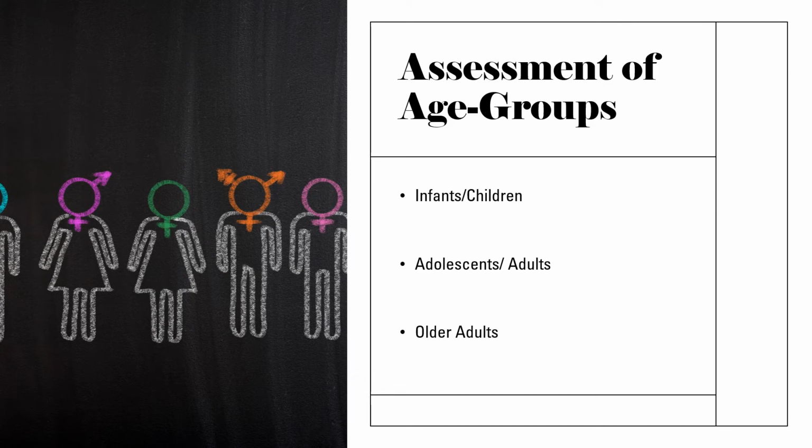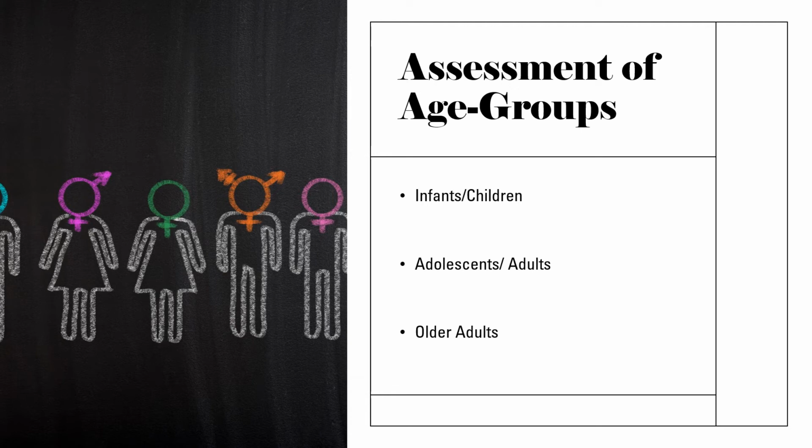When assessing an older adult, it's important to assess the patient's ability to perform activities of daily living, like bathing, eating, grooming, making phone calls. Those types of things sometimes come with the assessment of the older adult. We also have to recognize that older adults have some deficits and physical limitations that we need to be aware of.